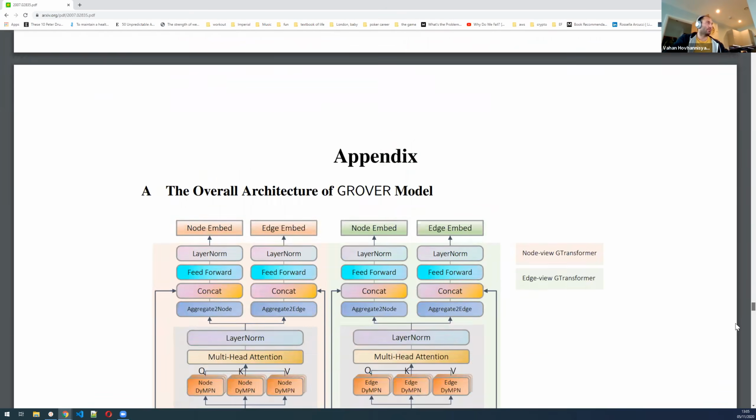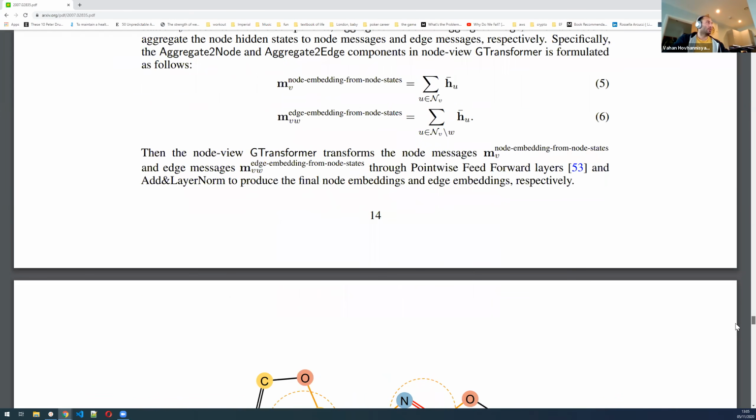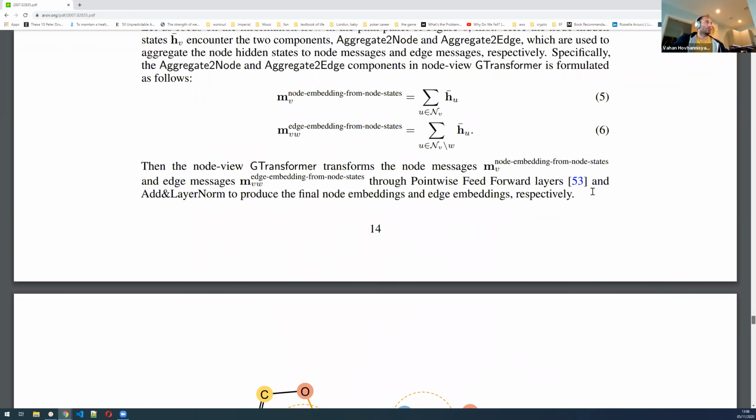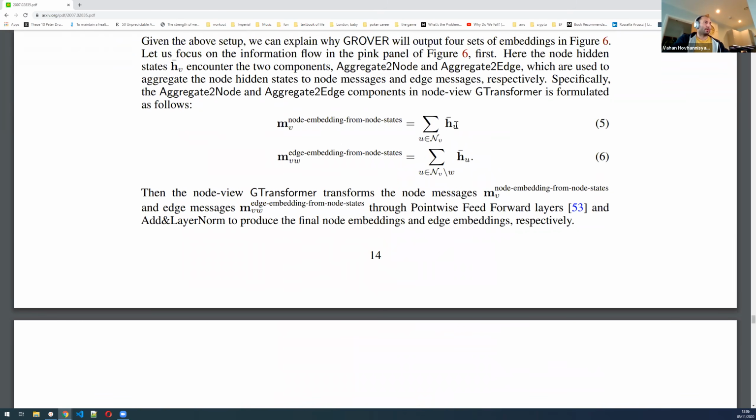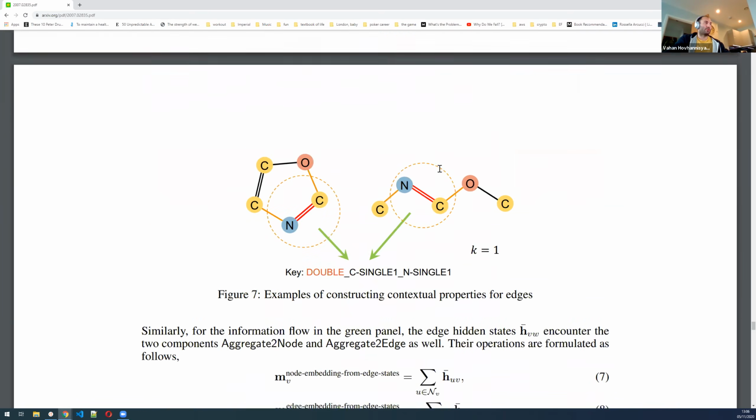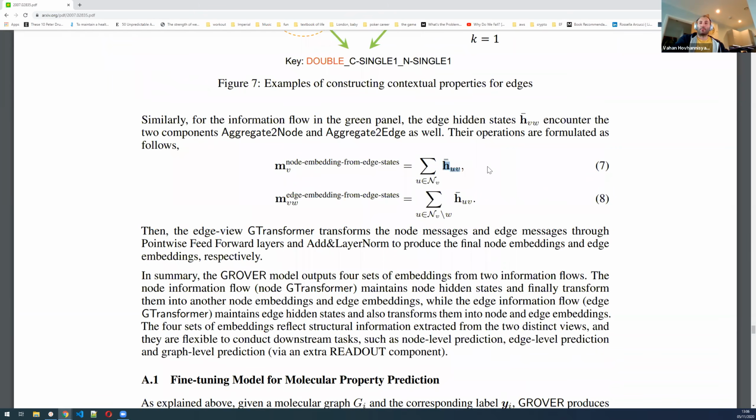So here, maybe I can find the formulas. For example, the aggregation here is summing the hidden layers of each node, but you can also do it for each edge, right?